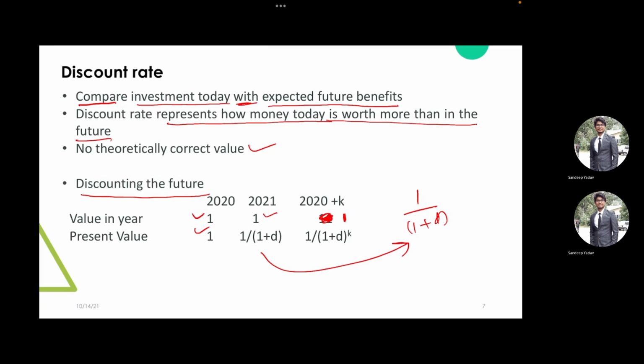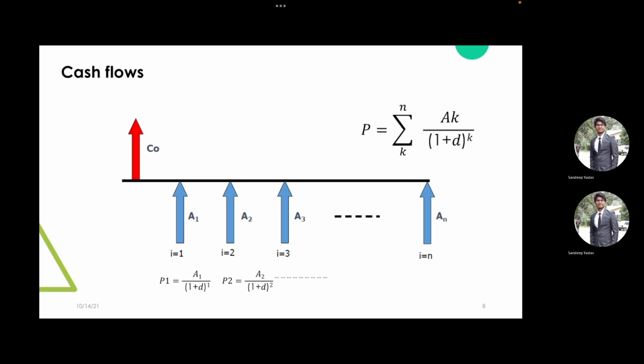And if we calculate for 2020 plus some kth year, the formula will be 1 upon (1 plus d) to the power k. In that way we can calculate the present value of money.